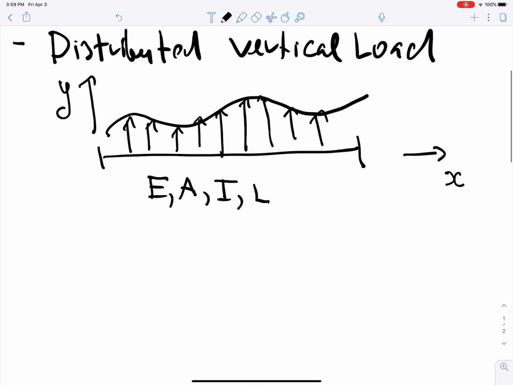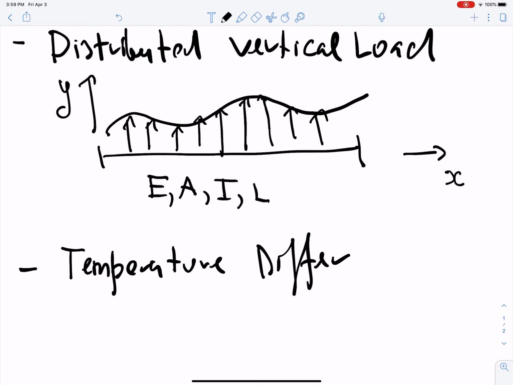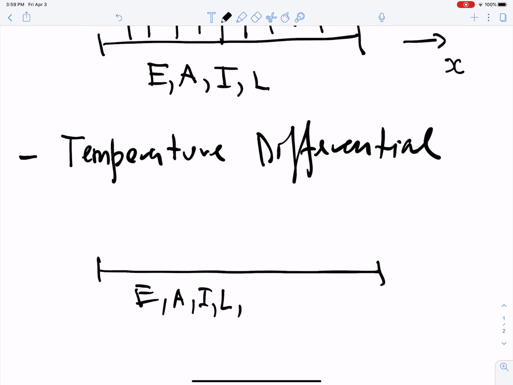The other load I'm going to cover is, again, we'll do the temperature differential. And what we're going to consider here is, again, if this is our element, E, A, I, L, also alpha.